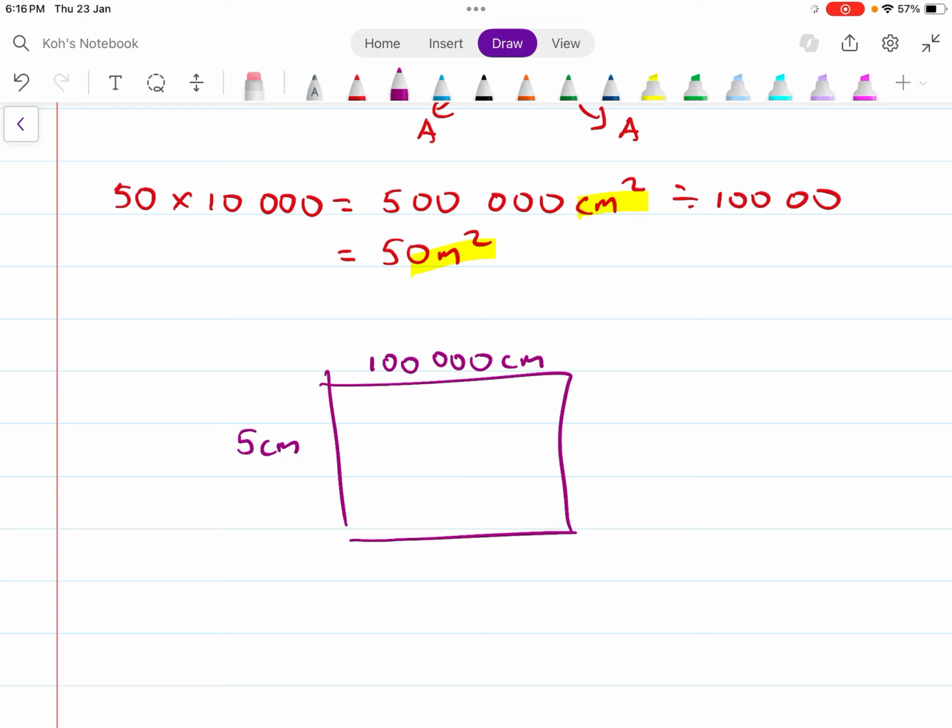You times them together and the area will be 500,000. Then simply change 100,000 centimeters to meters by dividing by 100, which gives you 1,000 meters. 5 centimeters divided by 100 is 0.05 meter. Simply multiply these and you will definitely get the same answer. So the area in terms of meter squared is 1,000 times 0.05, which is about 50 meter squared. So that is how we actually do this question.